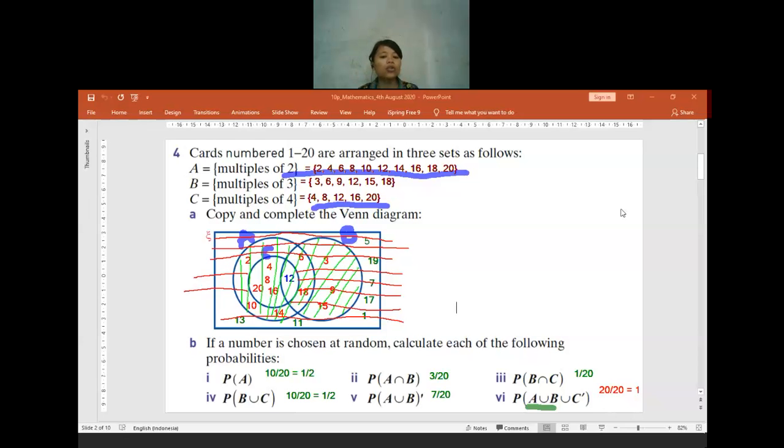And then union means I will combine it again with the C dash. C dash means outside C. Outside C can be outside circles A and B. It can also be some part of A, some part of B. So I have to combine everything outside C.